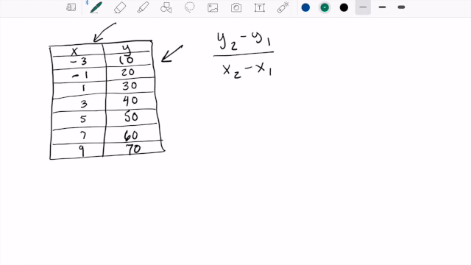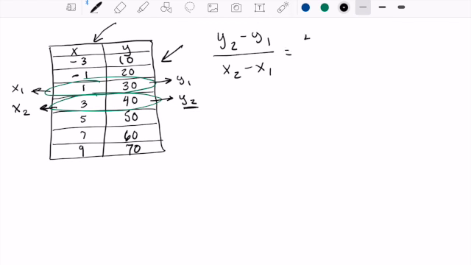So pick any 2 points. I'm just going to pick the 2 right here. This will be my y2. That will be my y1. So since this is my y2, this point must be my x2. This point must be my x1. And I can just plug those straight into my equation.